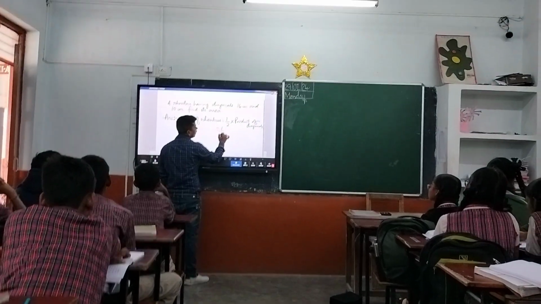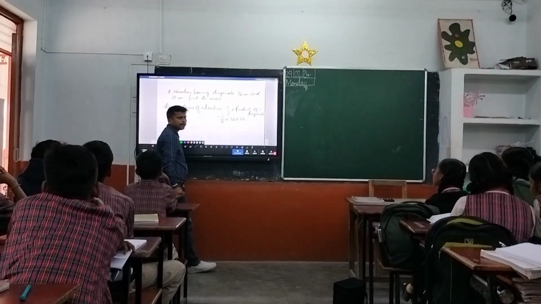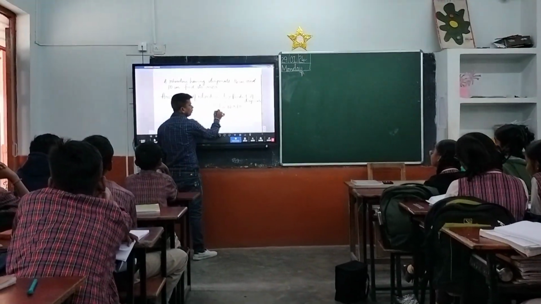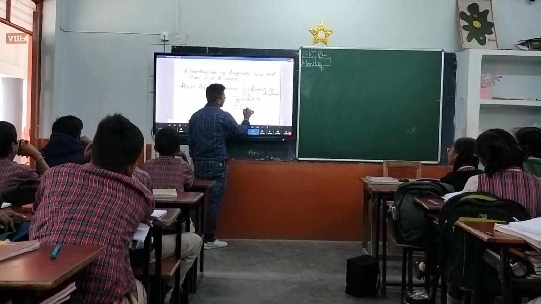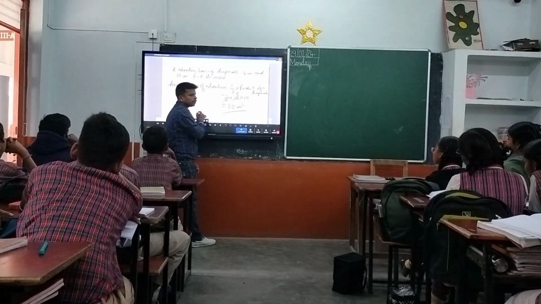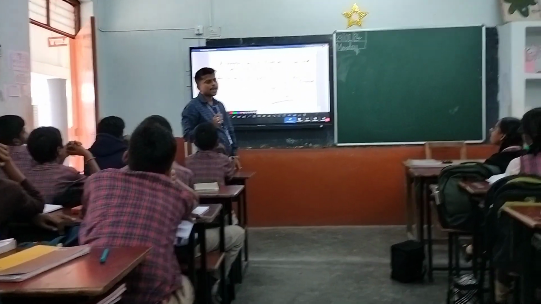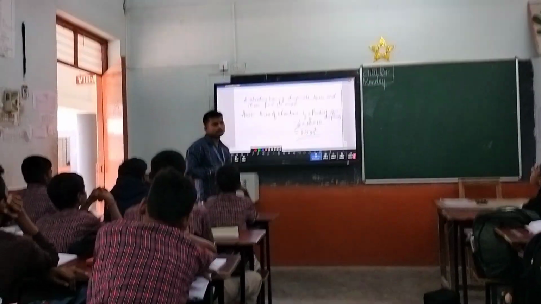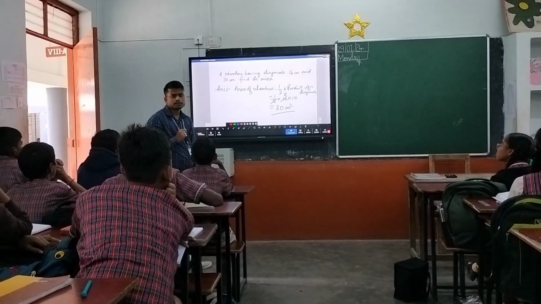So half into one diagonal is 16 and one diagonal is 10. Okay, 2 will cut 16 8 times. 8 into 10 we will get 80 centimeter square. So the area of the rhombus whose diagonals are 16 centimeter and 10 centimeter is 80 centimeter square.